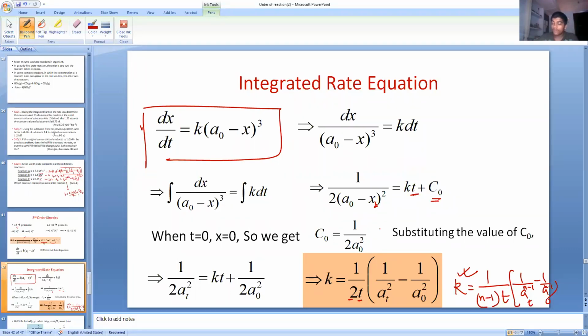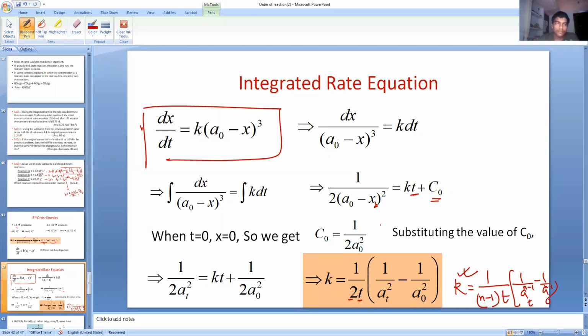So this will be (a0 minus x) to the power -2, so when it is -2, then it will be 1 by (a0 minus x) square.